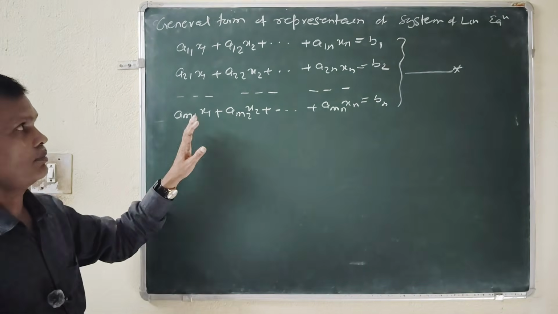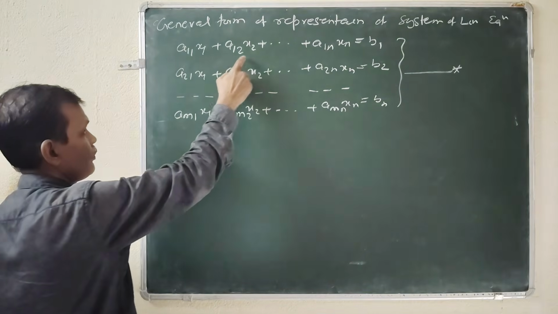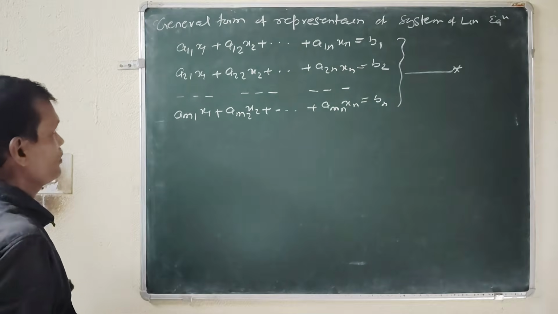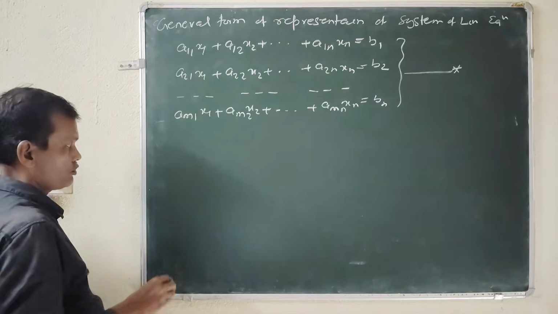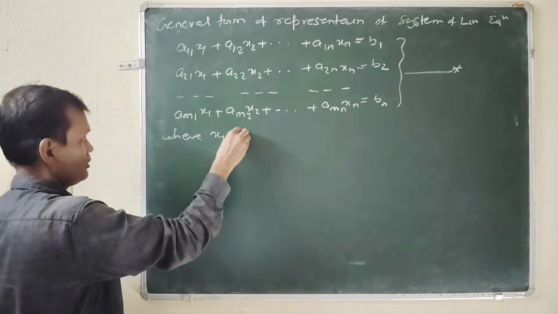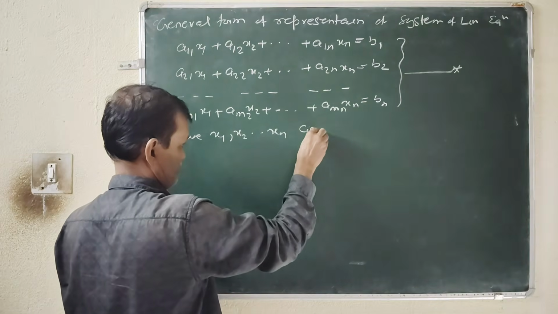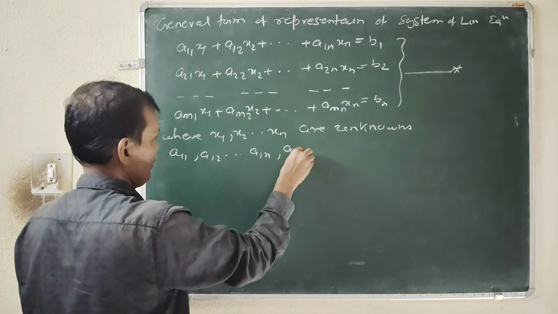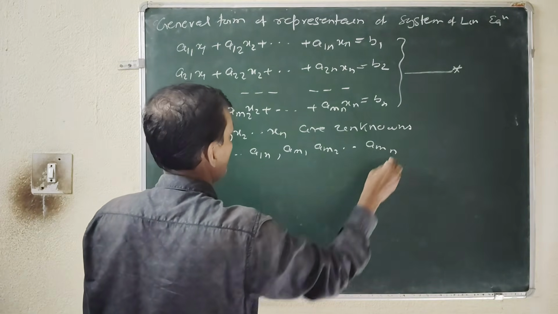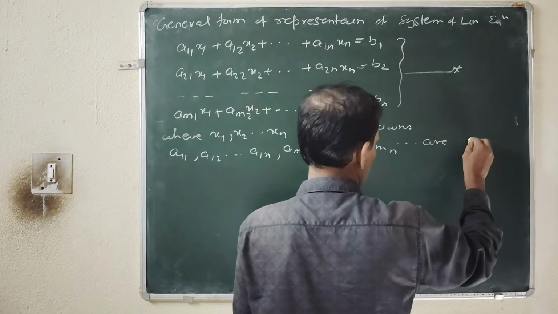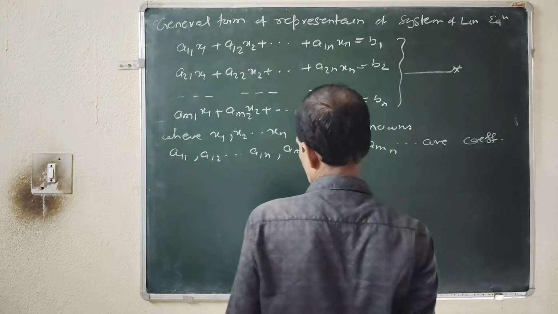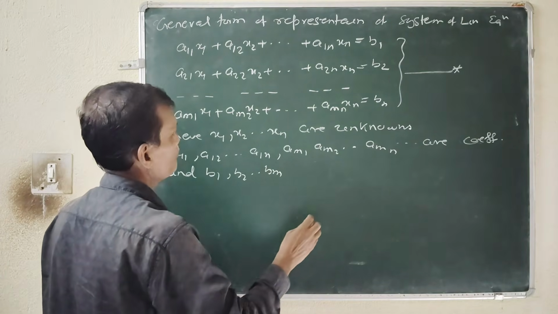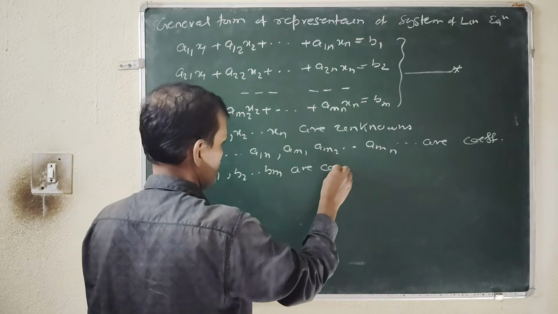This star represents a system of equations where a11, a12, a1n, a21, a22, a2n, up to am1, am2, up to amn are the coefficients, x1, x2 up to xn are the unknowns, and b1, b2 up to bm are constants.